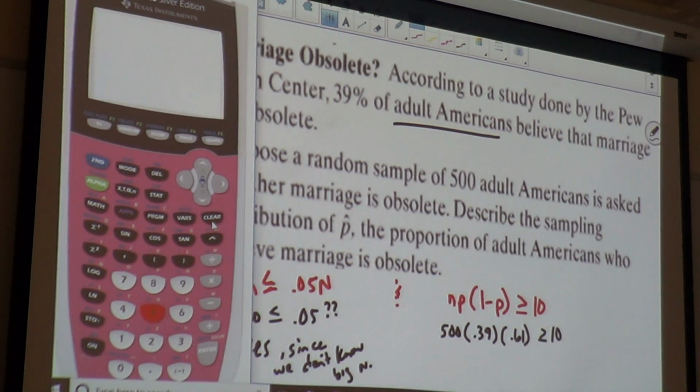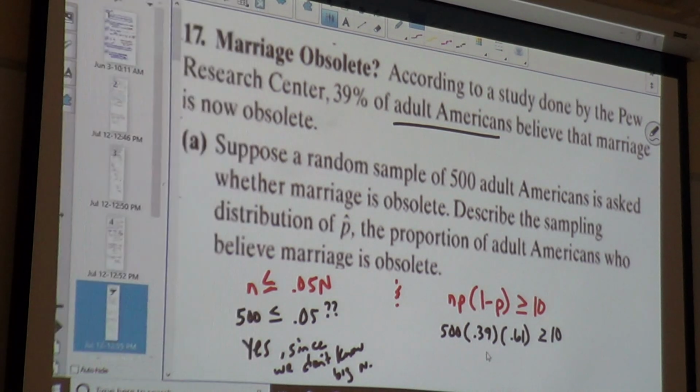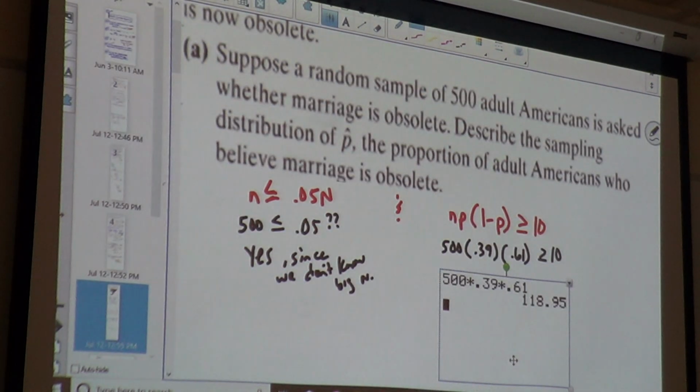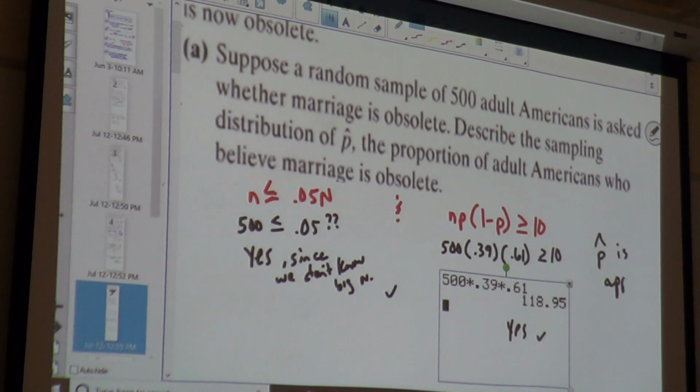So I'm going to do 500 times 0.39 times 0.61. Is 118.95 greater than or equal to 10? Yes. So both of those are correct, so we're going to say p hat is approximately normal.